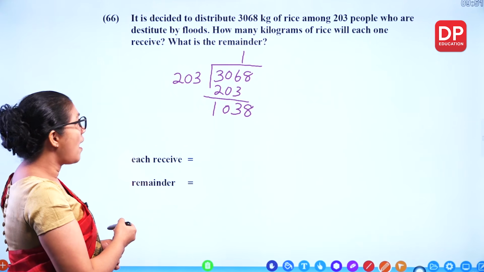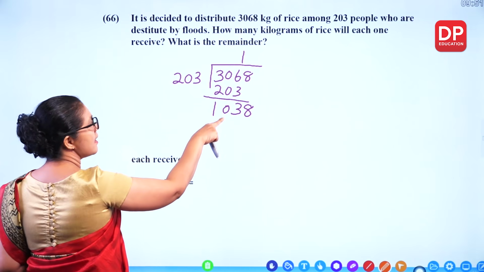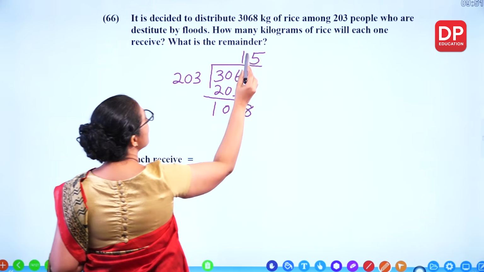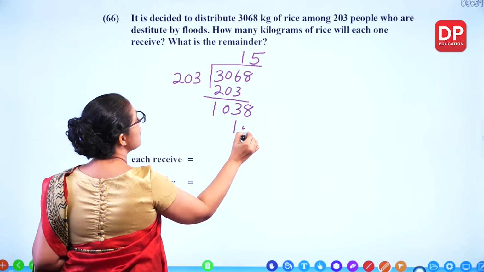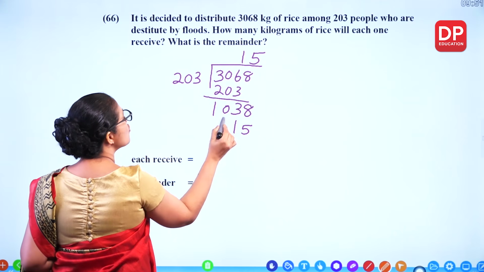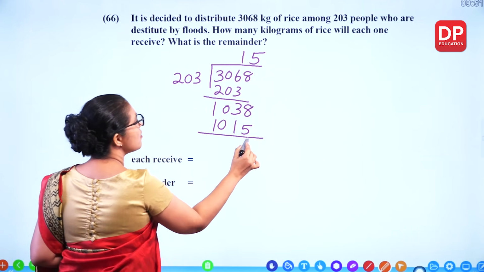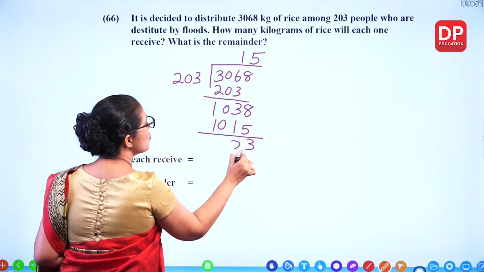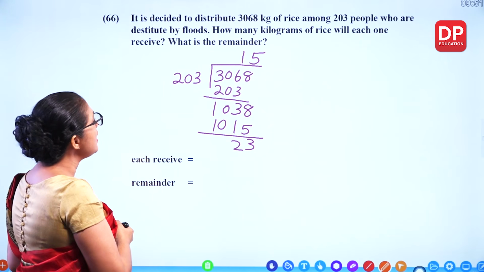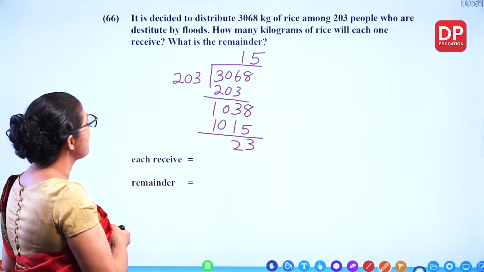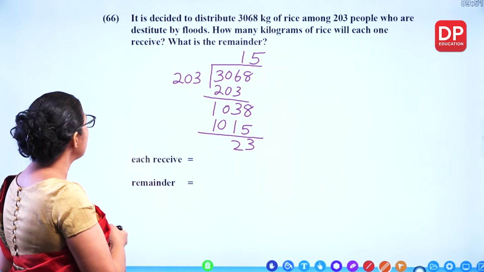If you put 5, you get less than this. So this is 5. 5 times 3, 15. 5 times 2, 10. So when you subtract, you get 3 here and 2. So 23 remaining. What's the answer then?